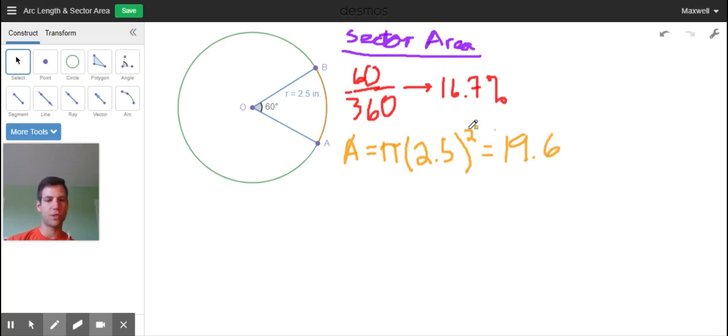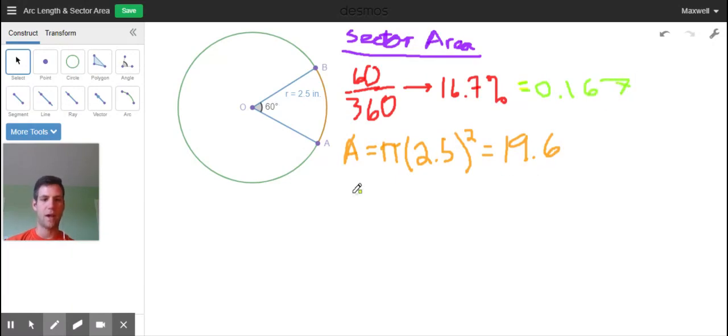And I'm almost there already. I can take this 16.7% as a decimal, and that decimal would be equal to 0.167.